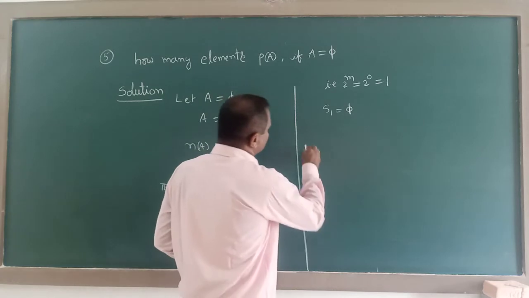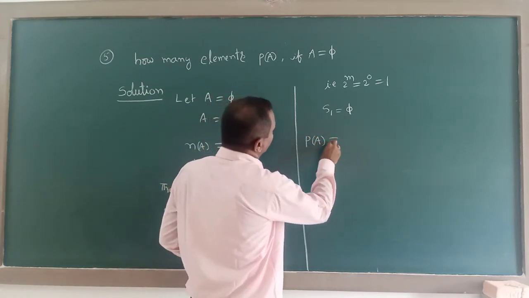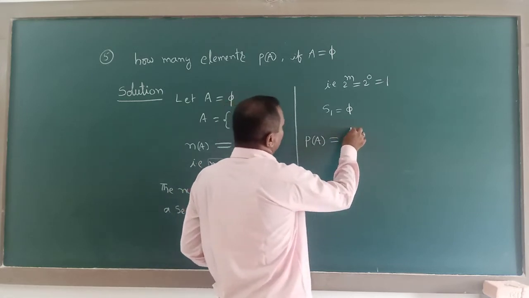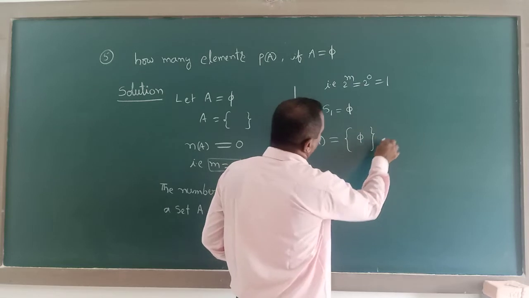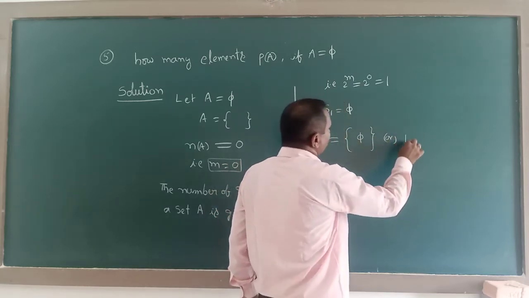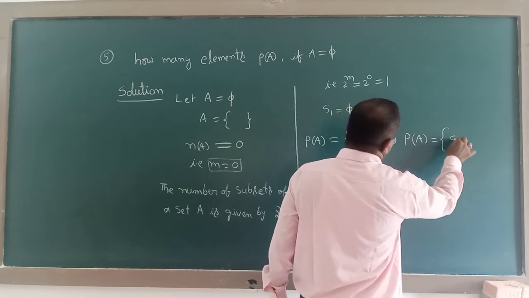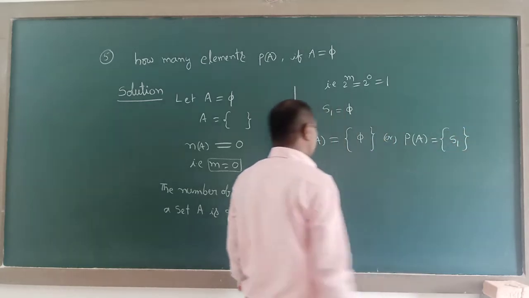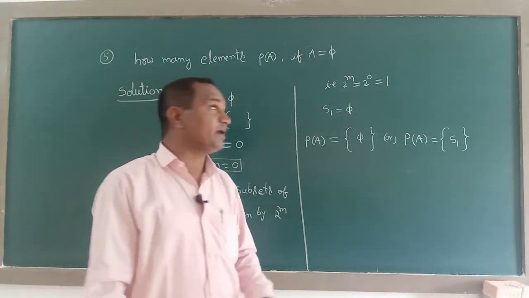Now, P of A is equal to the set of the elements S1. But they are asking the number of elements in the power set.